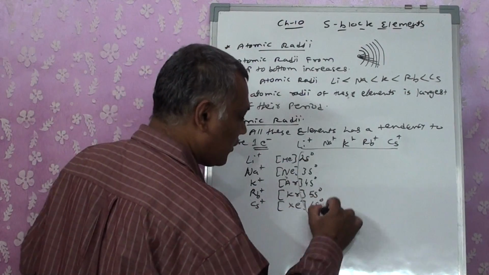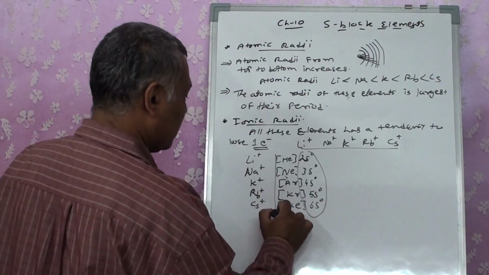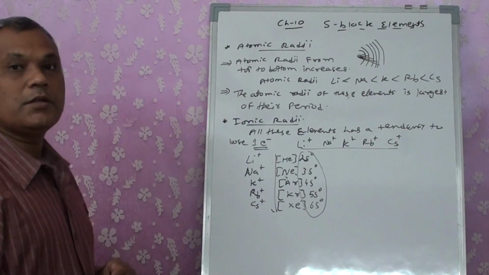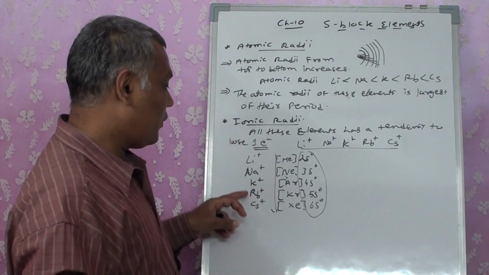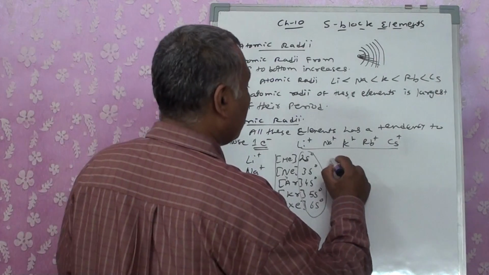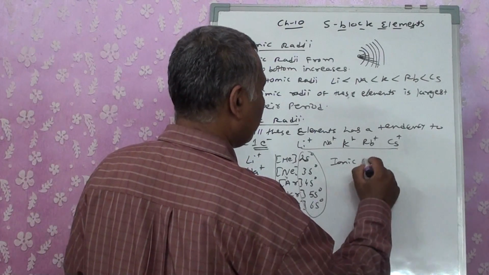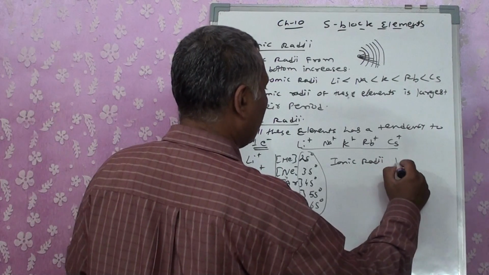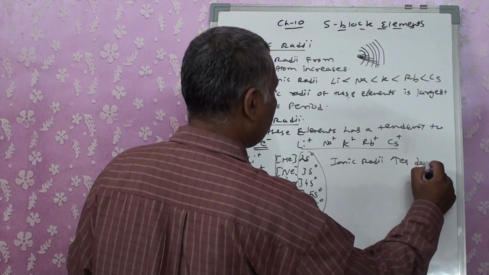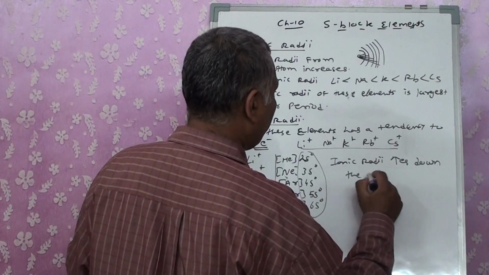So the electrons are removed from this orbital, but still now we will be having ionic radii. Ionic radii increases down the group.